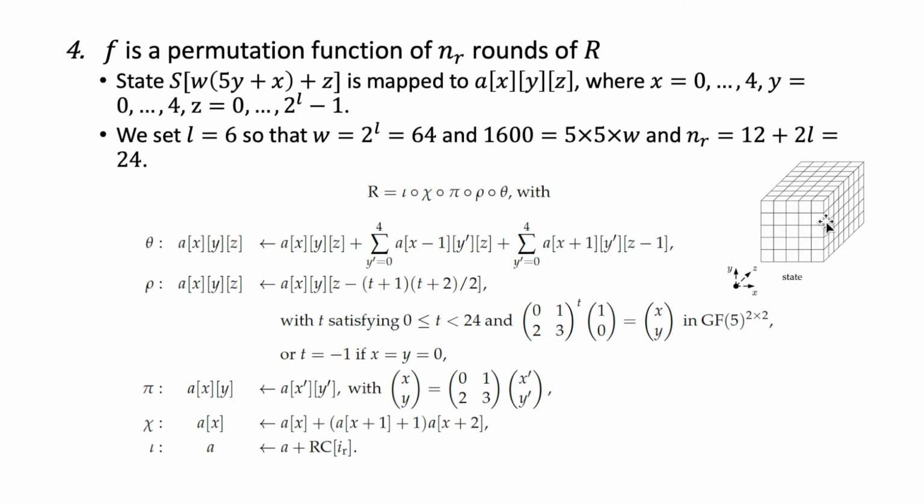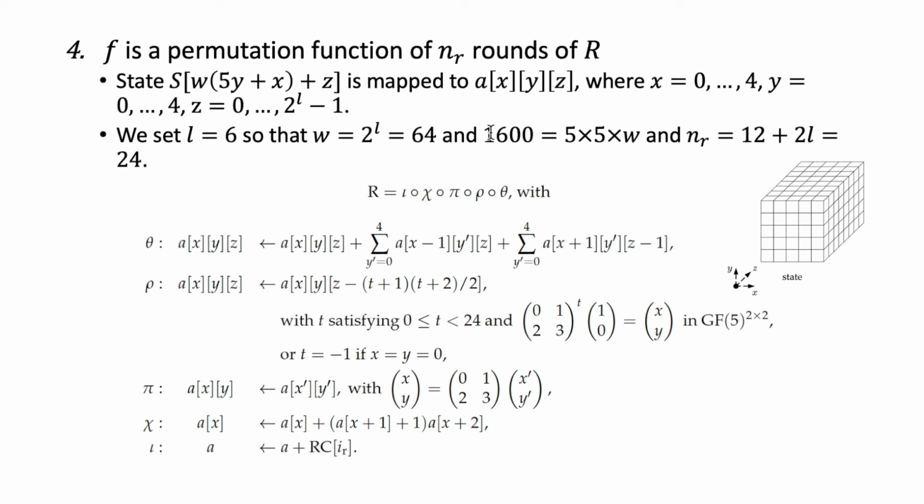In this picture, for example, we use X, Y, and Z coordinates. X can be 0 to 4, so in total 5 values, and Y can also be 0 to 4, so in total 5 values, and Z here can be 0 to 2 to the power of L minus 1.